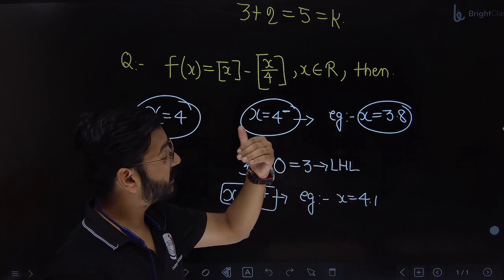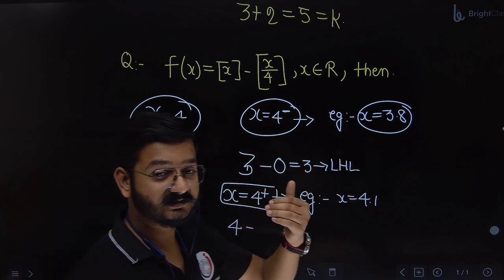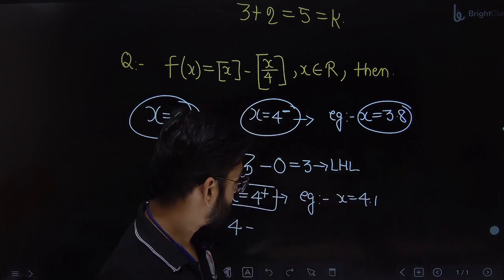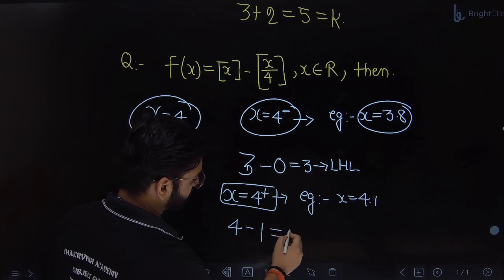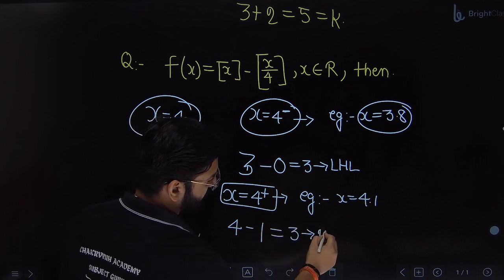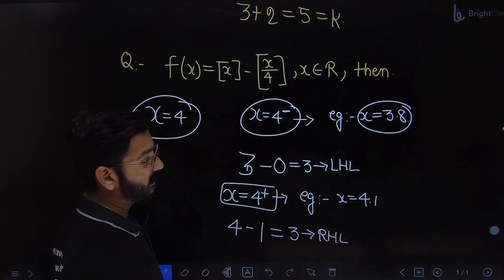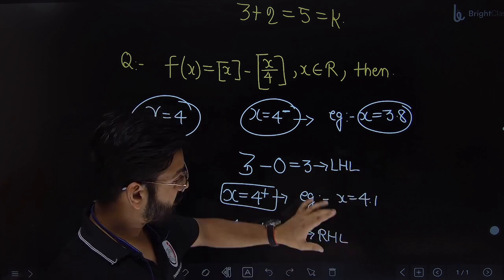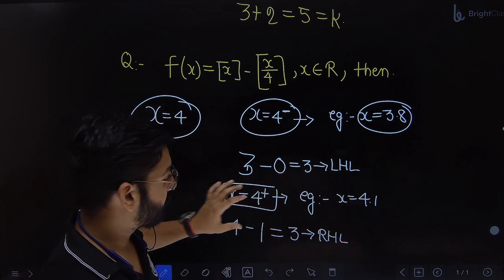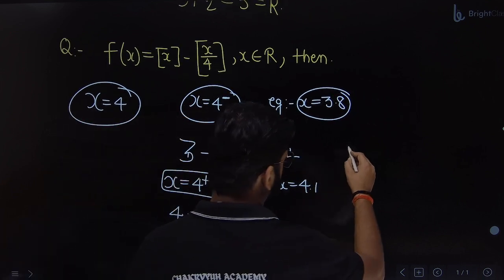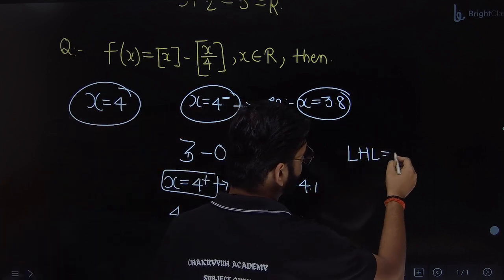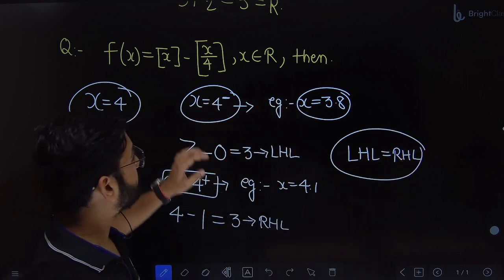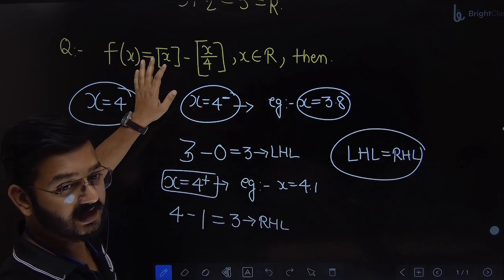So what is the greatest integer of a number which is greater than 1? 1. What is the answer? 3. So left hand limit exists, right hand limit exists, both of them are equal. So it means the limit of this function exists at x equal to 4.